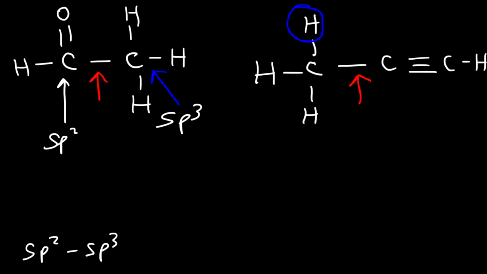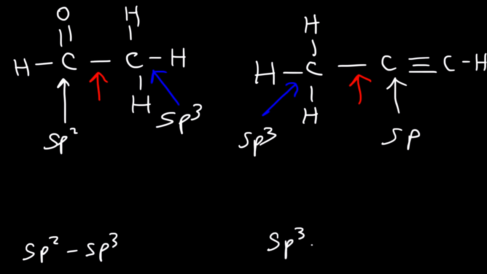So therefore that carbon is sp3 hybridized. The carbon on the right, it's attached to 2 other carbon atoms. So therefore it's sp hybridized. So we could say the bond is sp3 sp hybridized.